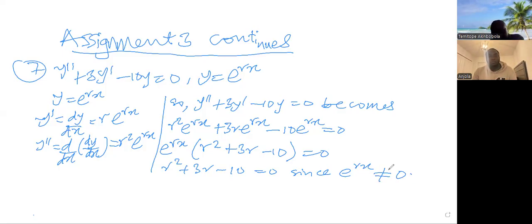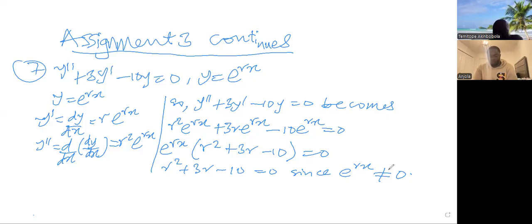You know that if two entities multiply to give 0, it's either that one of them is 0 or both are 0. But in this case, e raised to power rx cannot be 0. Do you know why? E alone has a value. Irrespective of what r or x is, there's no way that can be 0.